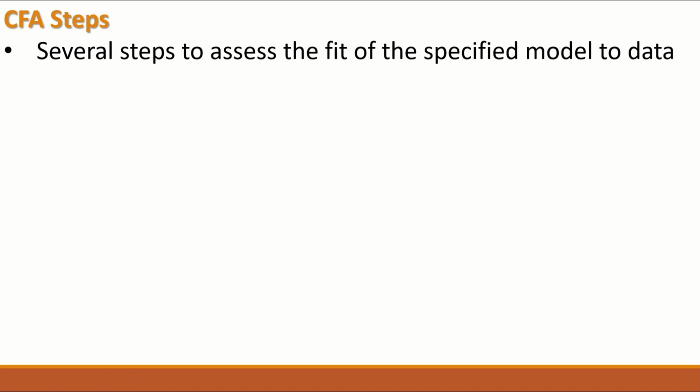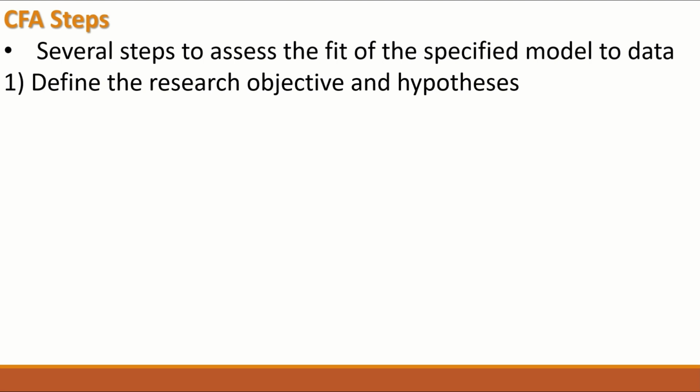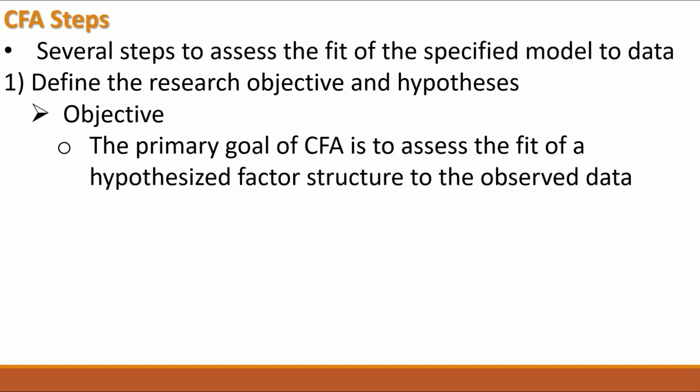Then the way to assess whether the data fit that specified model involves several steps. The first step is to define the research objective and hypothesis. The objective is that the primary goal of CFA is to assess the fit of the hypothesized factor structure or model to the observed, measurable, or obtained data, a new set of data.